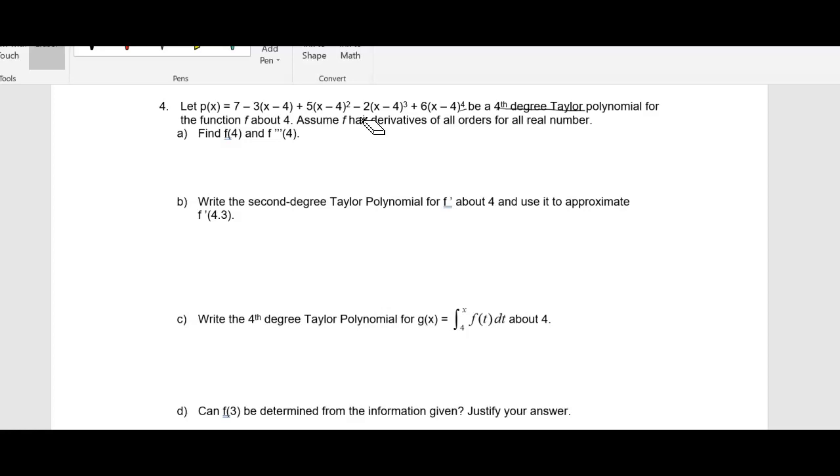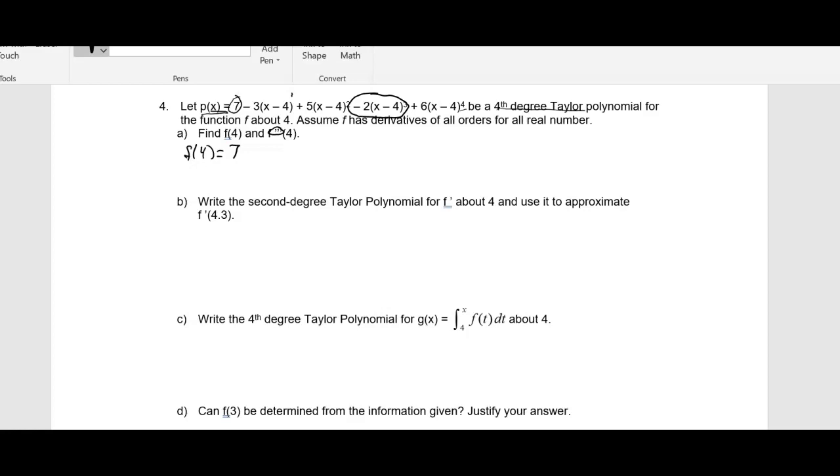If f of 4 is what you're looking for, well, if this is our Taylor polynomial up at the top here, this term here is always your functional value. So f of 4 pretty simply has to be 7. This is your first term. This is your second term. So if we are ultimately looking for our third derivative term, it's got to somehow play a role with this term here.